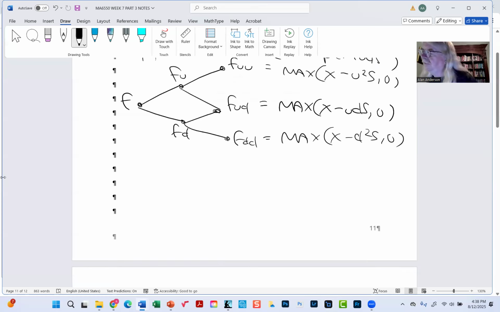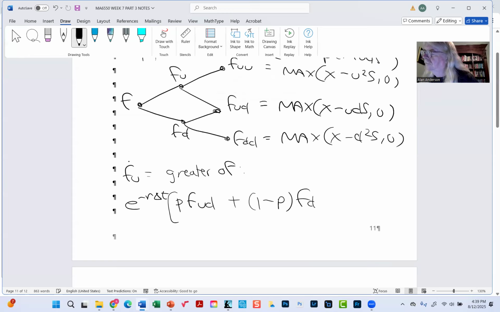So for example, if you... Oh, wait a minute. Sorry, I just realized, FU means we can reach FUU.